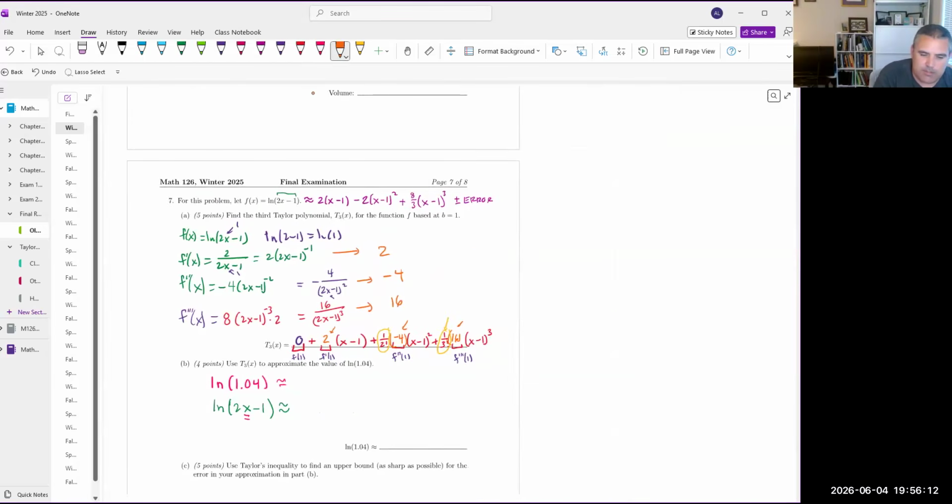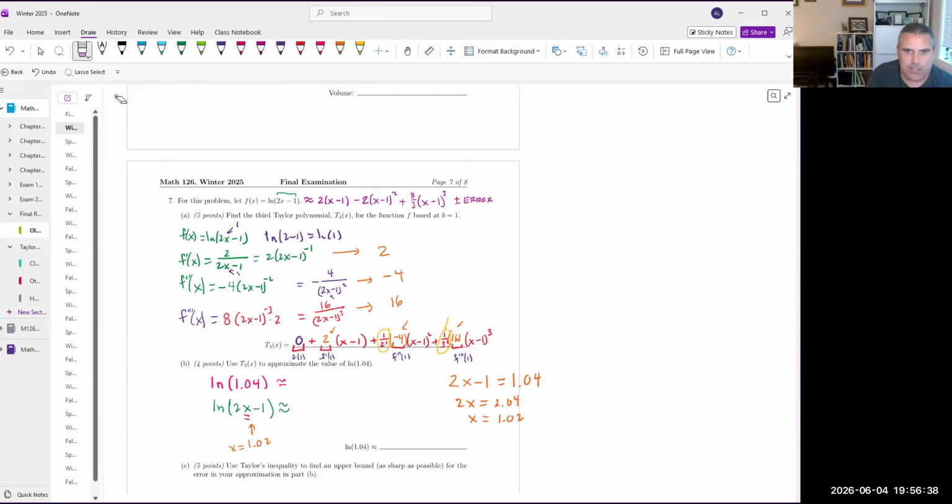I would grade part C based off of what you did here. But in order to start this, you have to figure out when 2x minus 1 equals 1.04. That would be when 2x is 2.04, which is when x is 1.02. Oh, it's 1.02 that I need to plug in. Does that make sense?